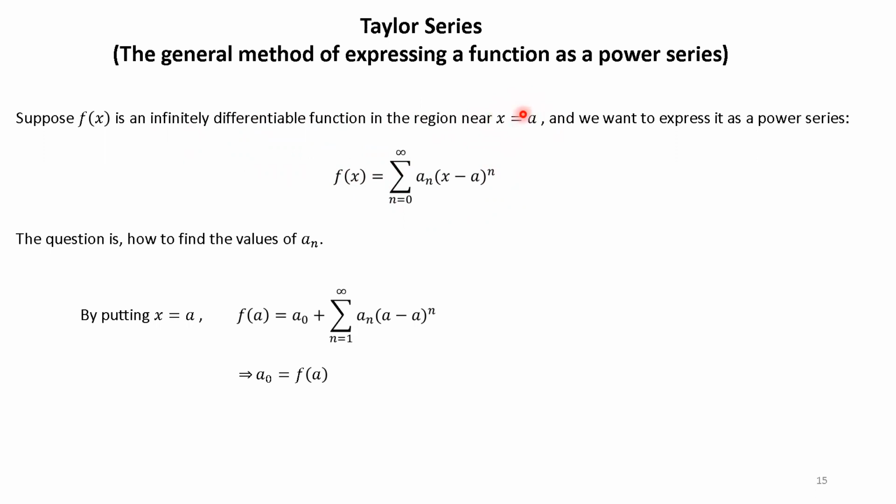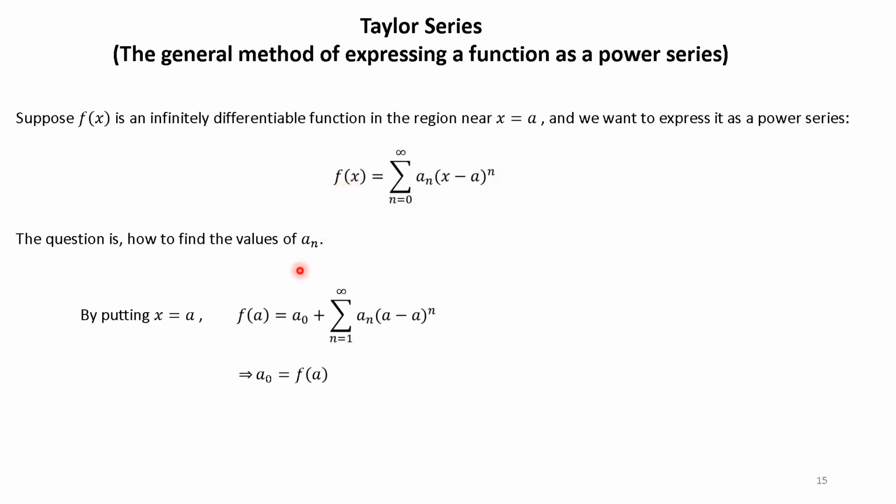And this is the power series that I have over here. So how do I find a of n? First of all, if I simply put x equals a, this power series itself, of course, has to give me back the value of the function at x equals a.